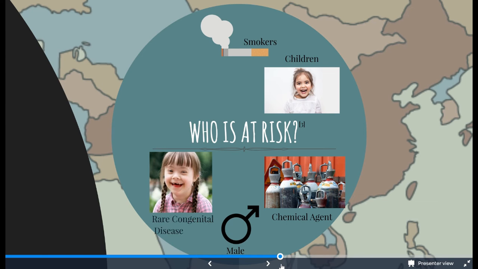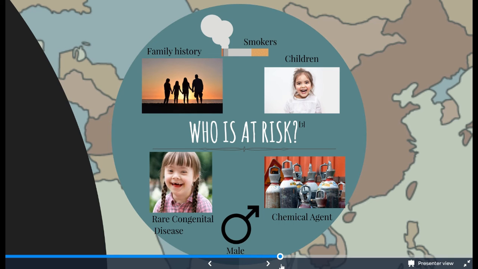Then, rare congenital disease like Down syndrome has a high risk of developing acute types of leukemias. Family history. Individuals with relatives on the maternal or paternal lineage with acute myeloid leukemia or acute lymphoblastic leukemia may be predisposed. It is found that there is a higher risk factor in increasing maternal age than paternal for childhood acute lymphoblastic leukemia.